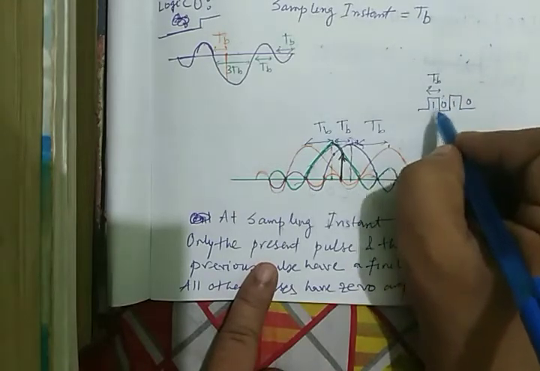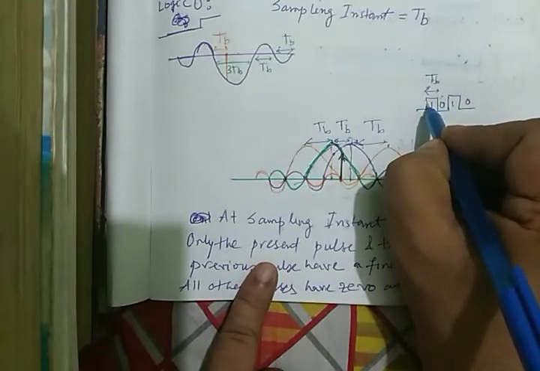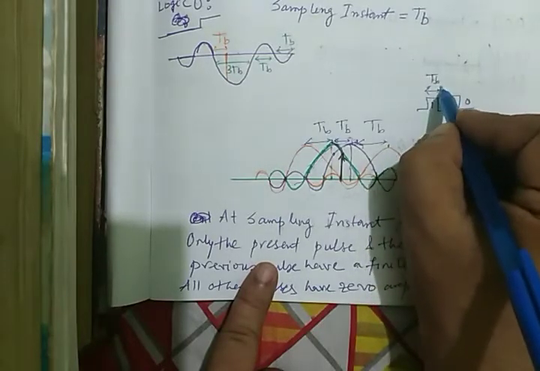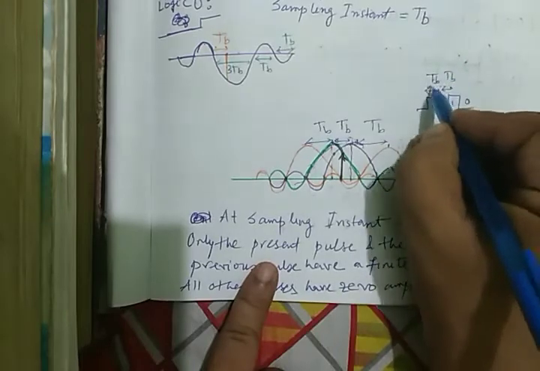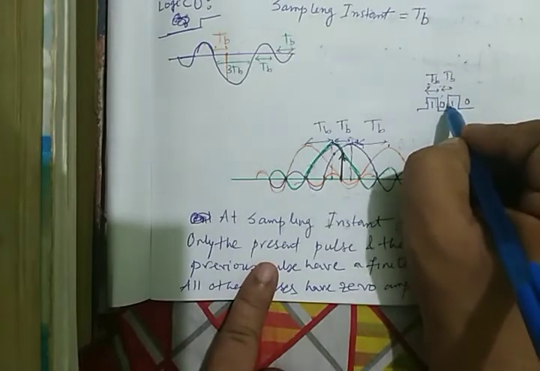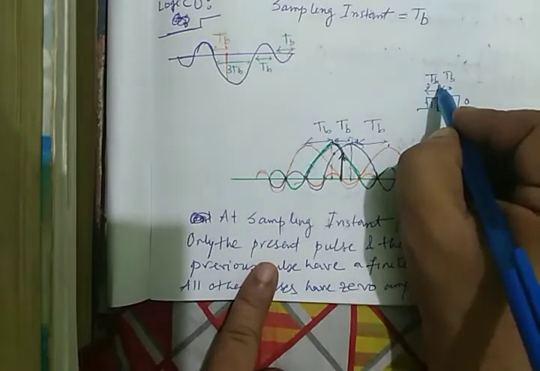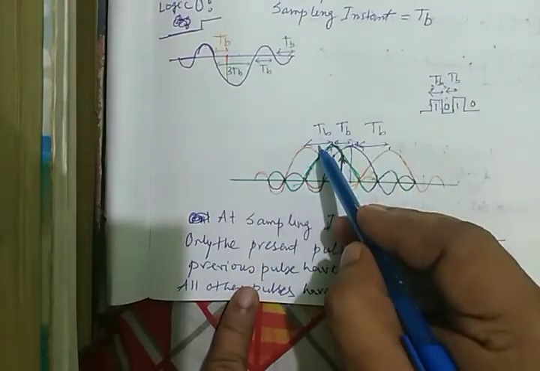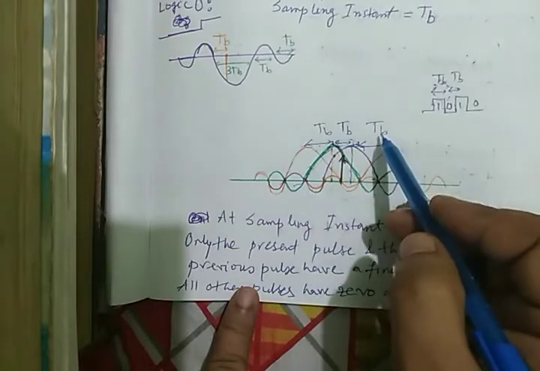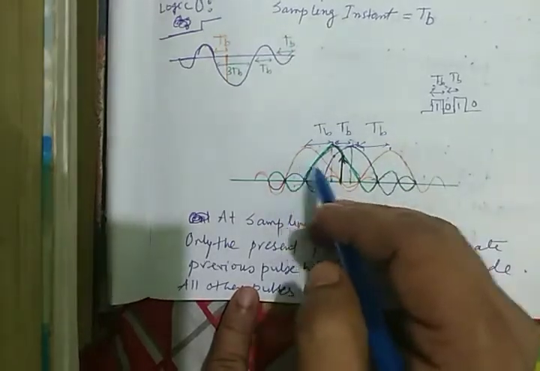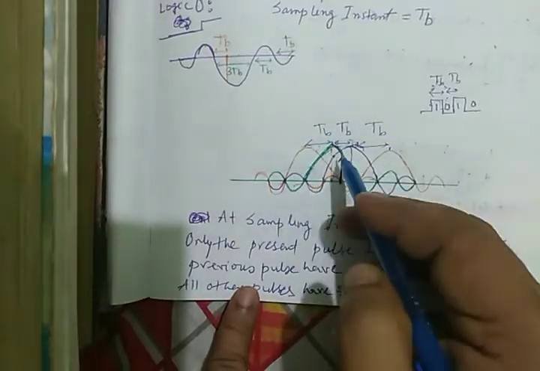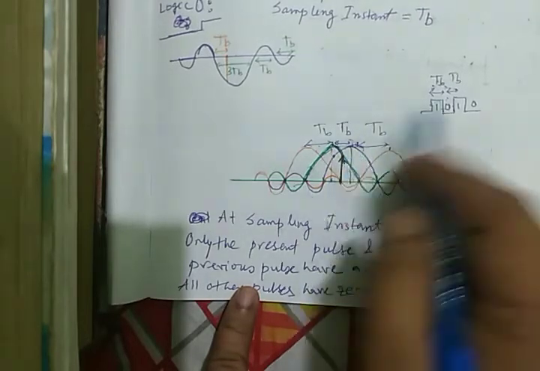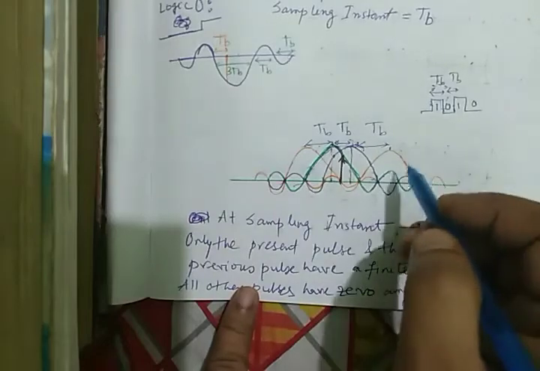Here also, after transmission of one pulse, the next pulse is transmitted exactly after Tb amount of time. That is the reason we transmit one pulse Tb after its previous pulse.